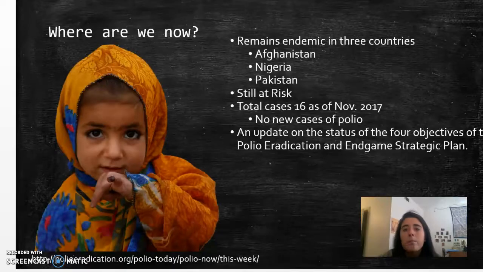Where we are now, as I said, it remains endemic in 3 countries, Afghanistan, Nigeria, and Pakistan. Everyone's still at risk, which is very scary. The total cases are 16 as of November 2007. There are no new cases of polio. And an update on the status of the 4 objectives of the polio eradication and endgame strategic plan are in effect as of this week.